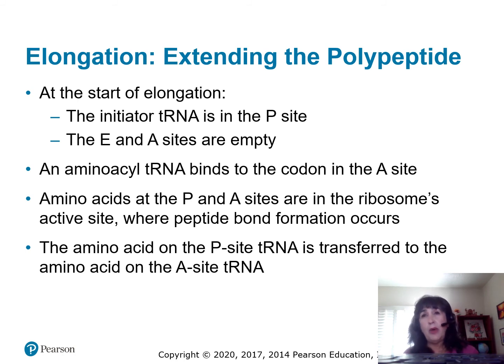Remember, anticodons complement the codons. So it says at the start of elongation, the initiator transfer RNA is in the P site. The E and A sites are empty. But as it starts to move, the A site will accept a new transfer RNA. So amino acids at the P and A sites will then become activated.